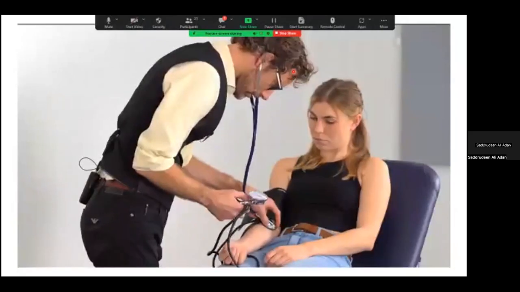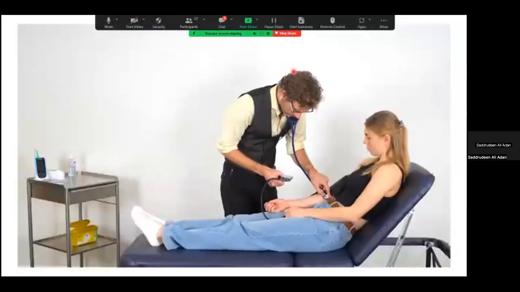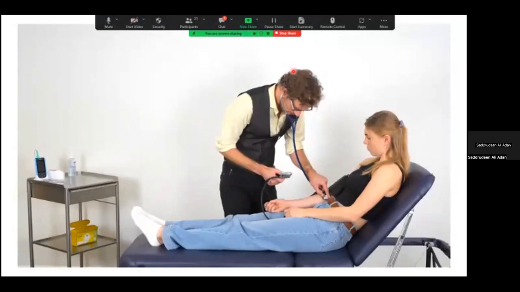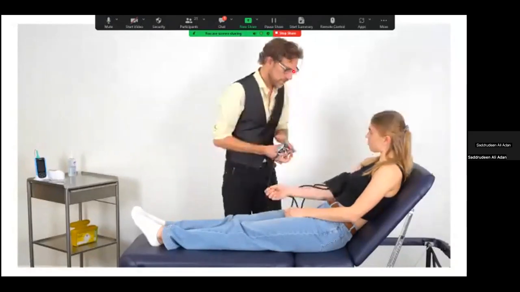Just putting that over the artery. Don't worry, we're almost done. Just two more minutes. Okay, we're going to go a little bit higher. And I can hear the sounds at 100. And they've disappeared at 68. So a normal blood pressure there, thank you.